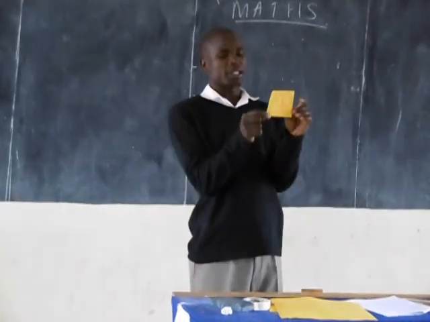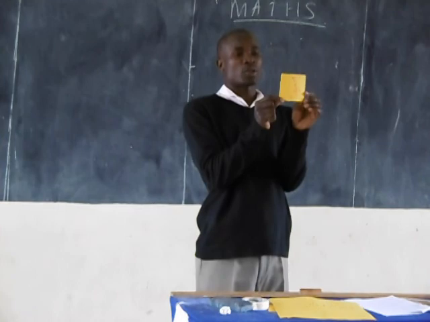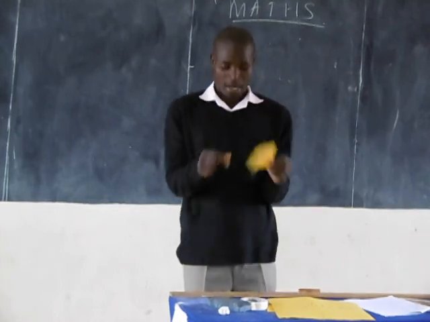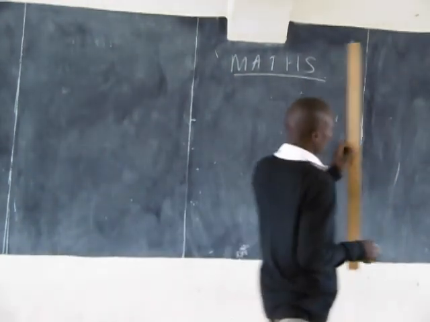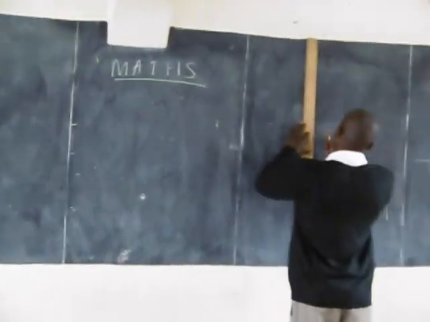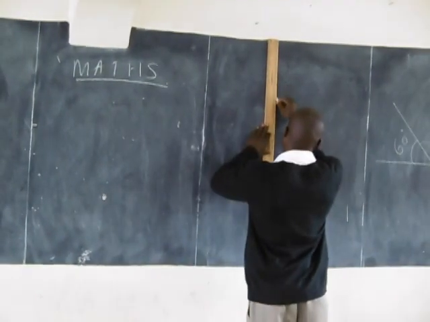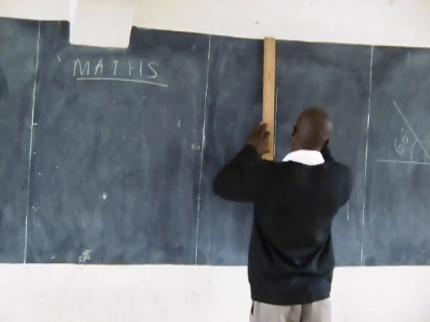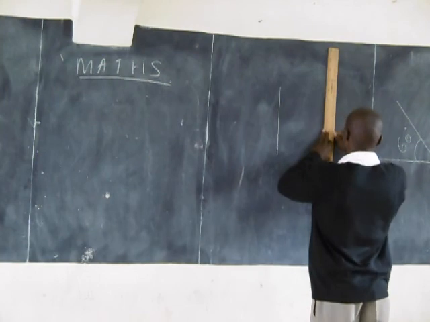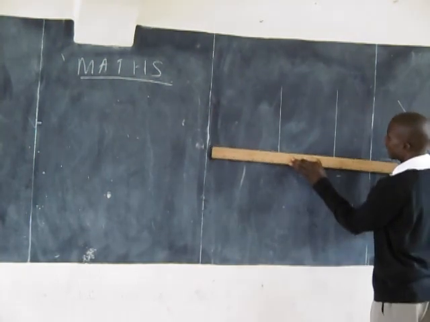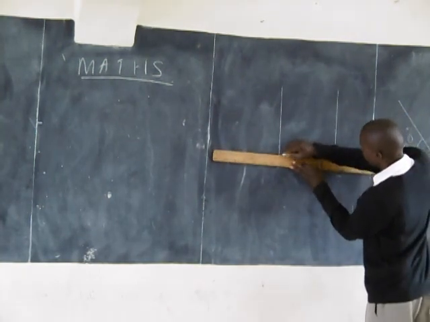If I fold this square piece of paper, and you know a square is all-sided, all sides are equal.